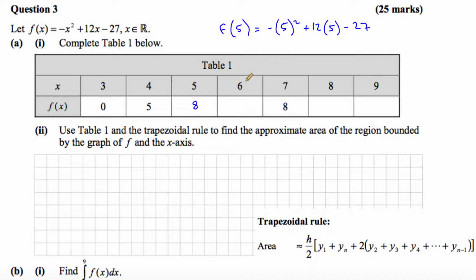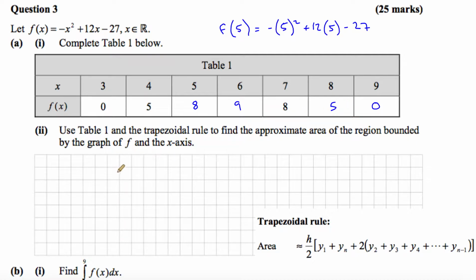So we're going to do f of 6, f of 8, and f of 9 in the same way. And when we do that, we get a value of 9 for f of 6, a value of 5 for f of 8, and finally we get a value of 0 when we put in 9. So that's the table completed.